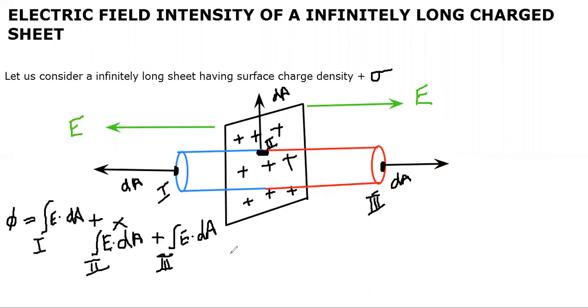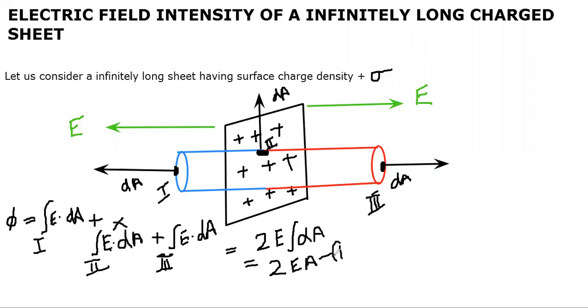So this would give you equals to 2E integration of dA. Now integration of dA is A. So you can just write that the flux is equal to 2 E into A. Fine. Now you can make this your equation 1.